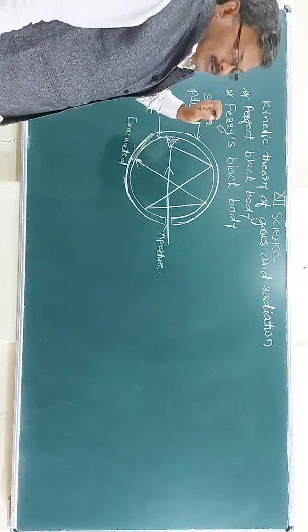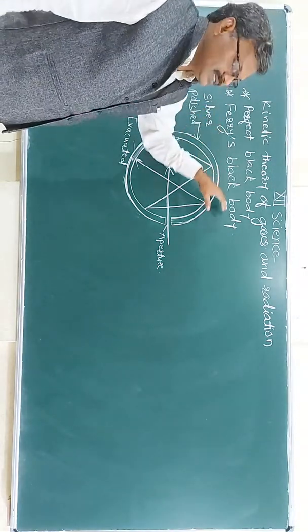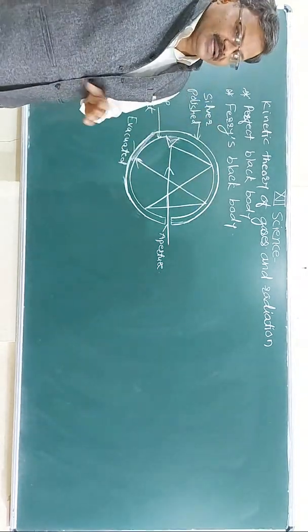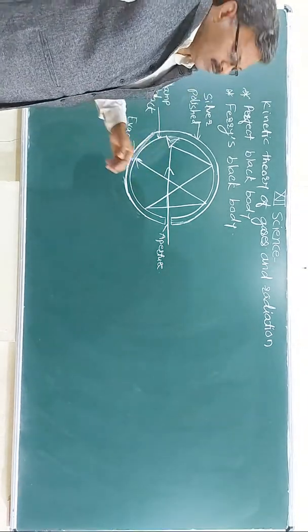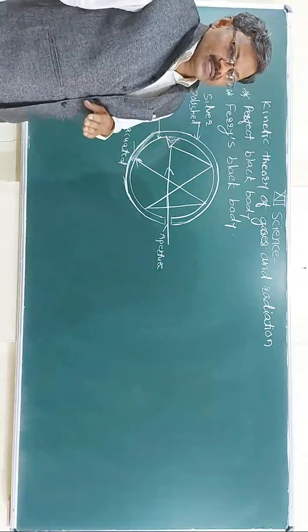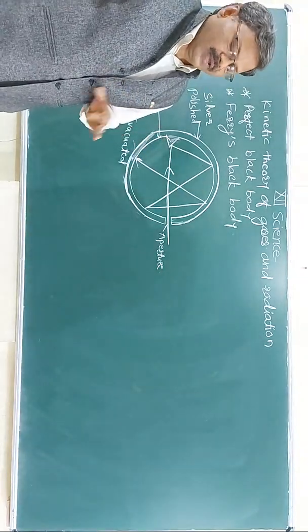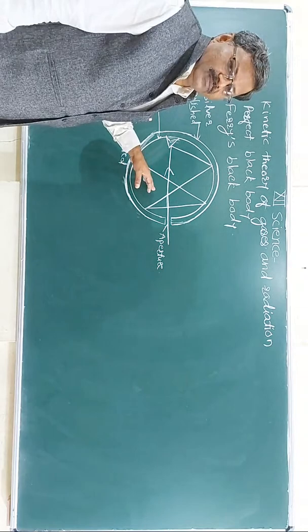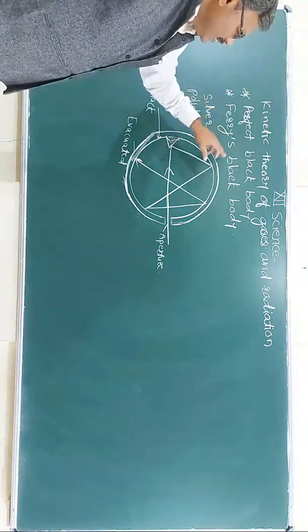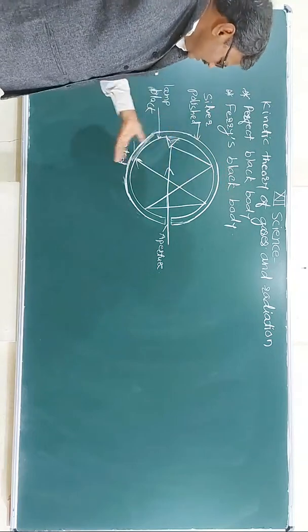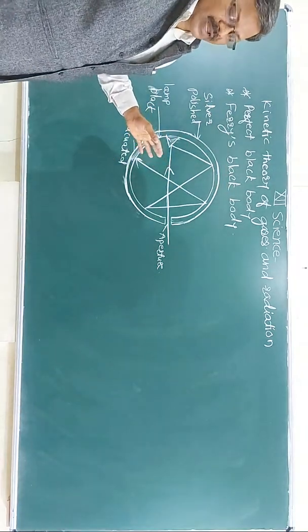Initially, we are studying the Ferry's black body. The scientist Ferry designed a black body, and it is used as a perfect black body for practical purposes. This is the diagram of Ferry's black body.